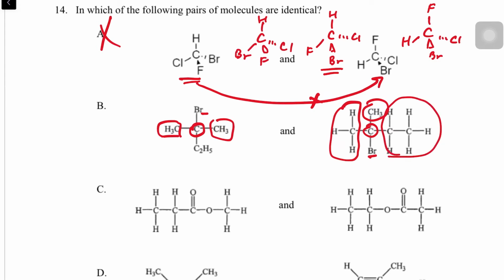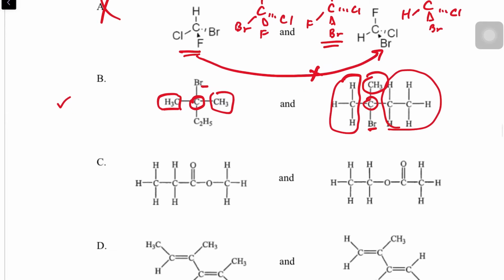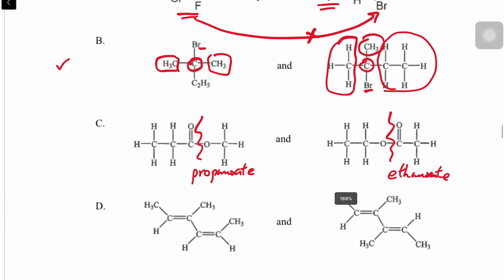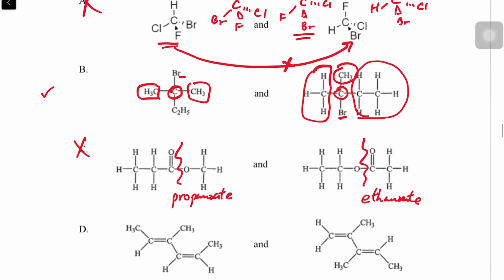So they are the same identical molecules. Looks good. The third one, you can see actually they come from different alcohol and carboxylic acid. On the left hand side, this is propanoate, but on the right hand side is ethanoate. So sure, they will not be the same molecule.